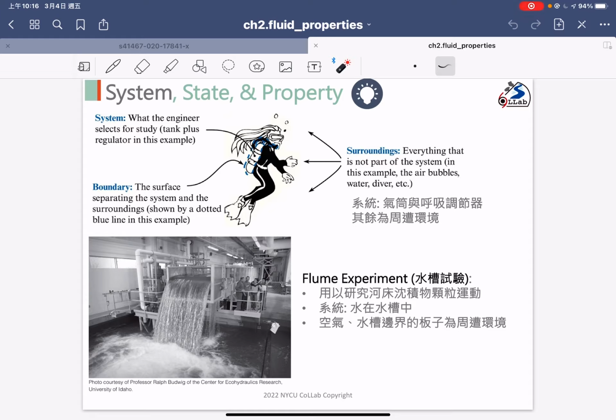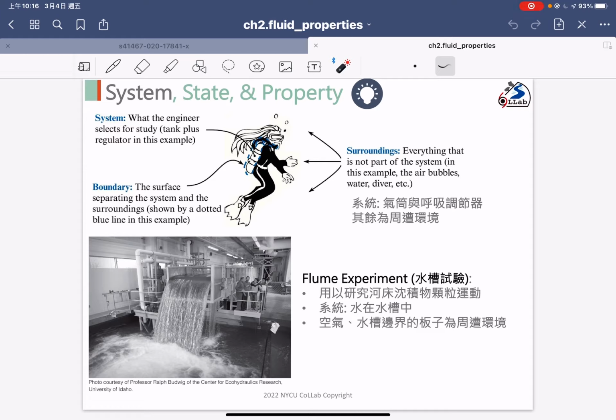Okay, and for hydrology, you can see this is the river, the channel here, and sometimes we will conduct flume experiments to better understand the river process in the laboratory. Because usually when we go outside, especially when typhoon season is coming, the environment is too dangerous, right? It's very difficult to observe the situation for the river process.